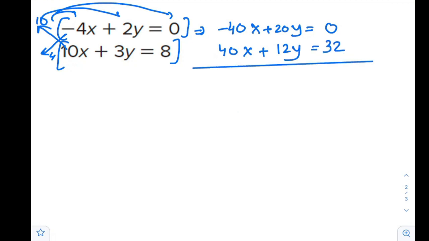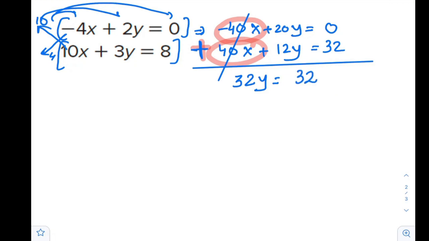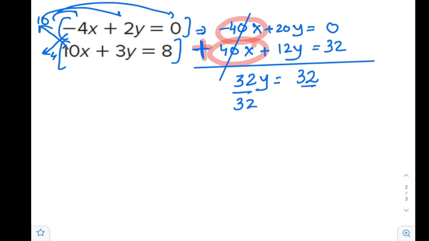As you see, these are opposites, so you will add. When you add, 20y plus 12y is 32y. 0 plus 32 is 32. Dividing both sides by 32, then y is 1.